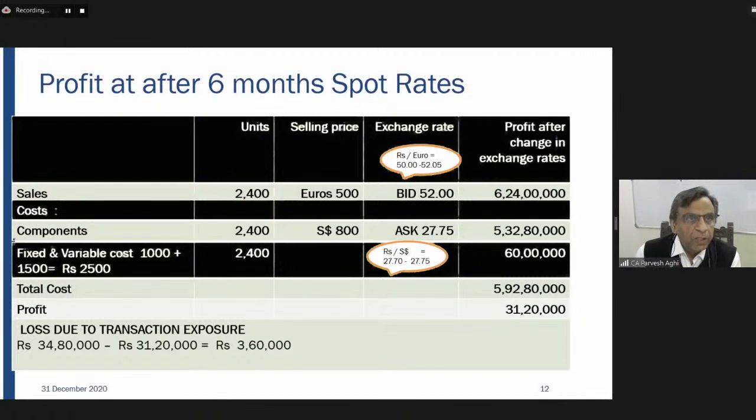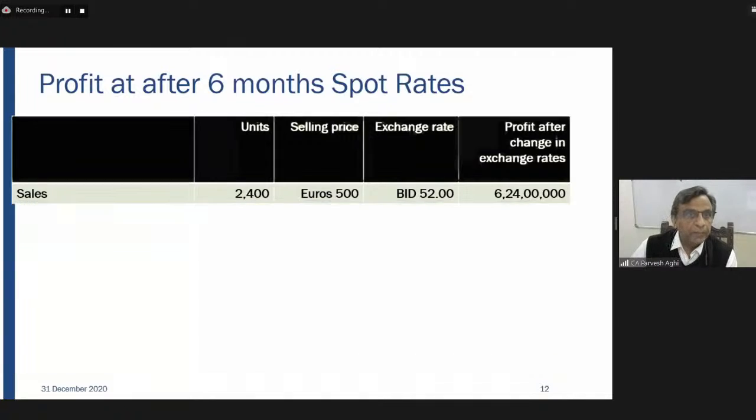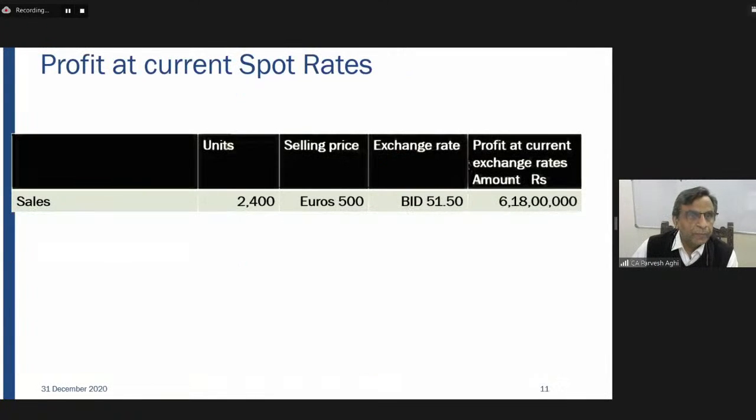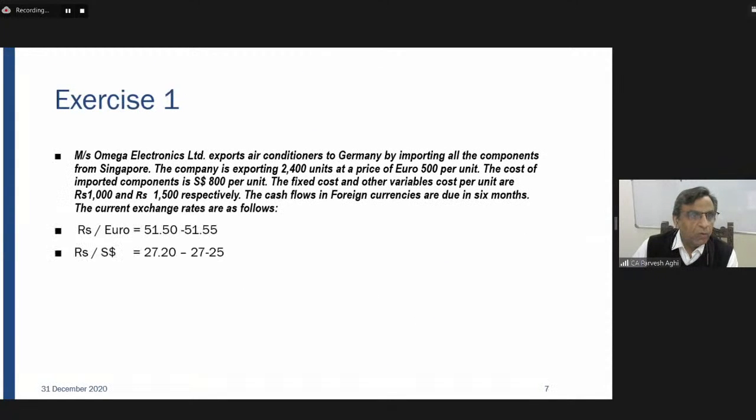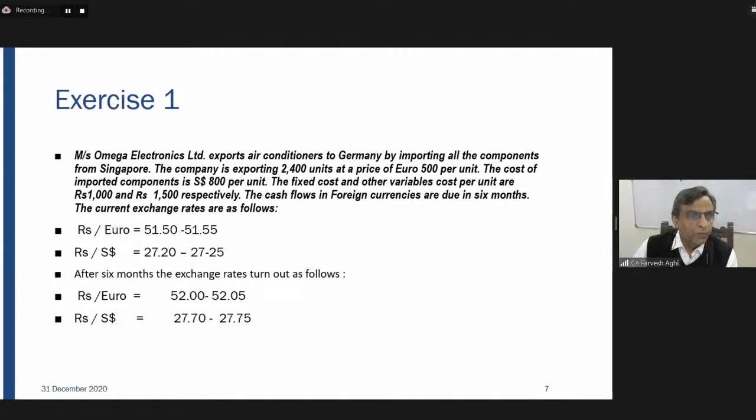Now, if you look at your slide, the bid and ask rates are given for the euro. The bid rate is 52 rupees. Okay, so there's some mistake here. Let's check what the rate is. Yeah, so the bid rate is 52.